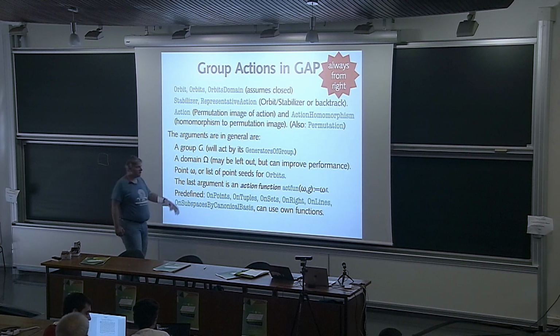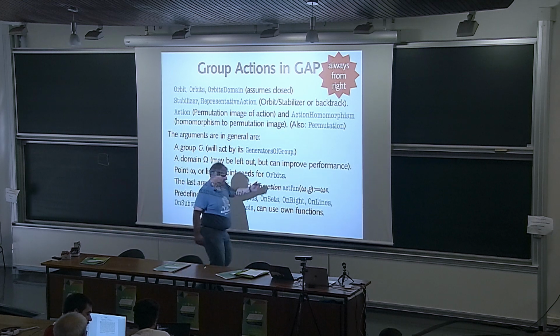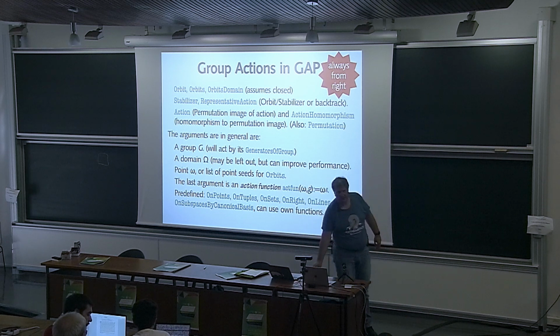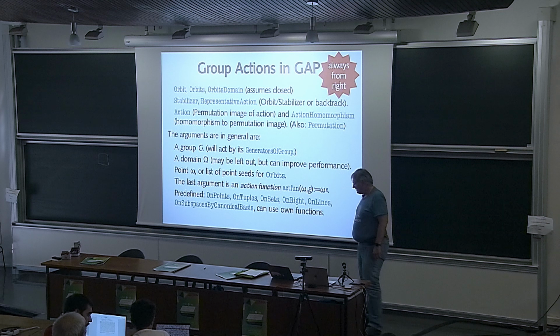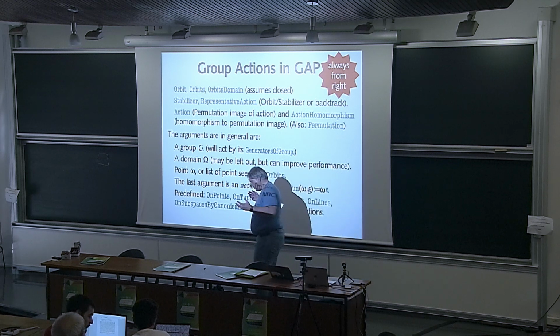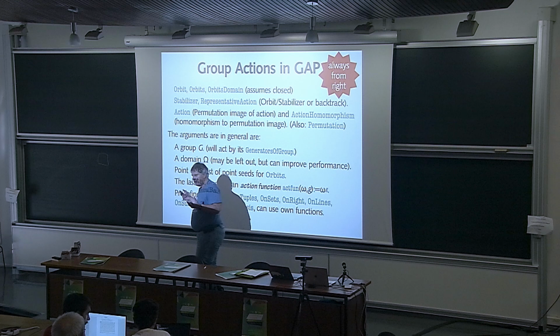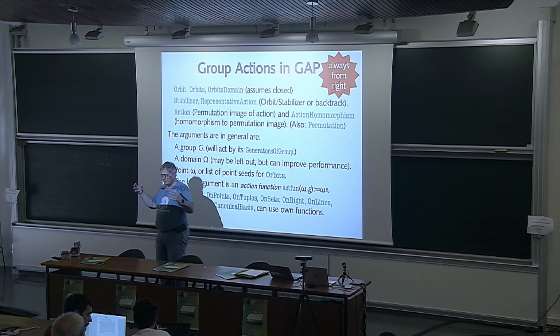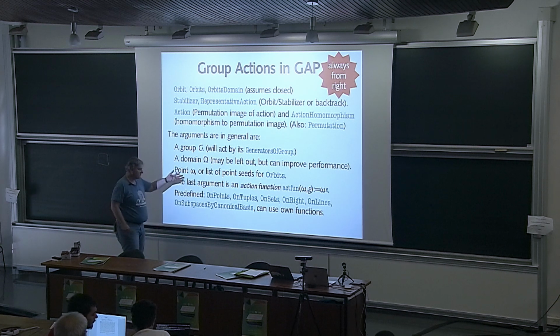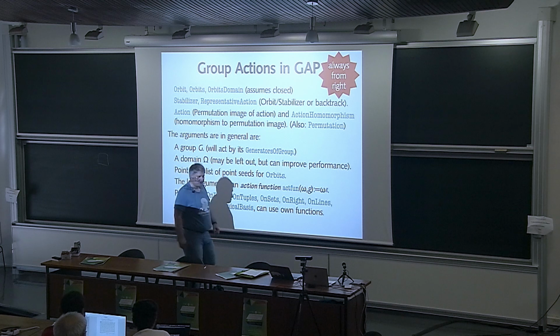One can give a function as the last argument, which describes the kind of action. That's for situations where it might not be clear a priori how you want your group to act. For example, if you have a list of points, that list could be a tuple, or it could represent a set. And the image of a tuple is different from the image of a set. Well, you apply the group element to all elements, but your equality of objects is different. And therefore, such operations exist.